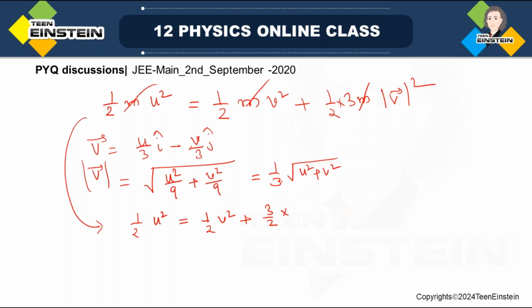If I square them out, I get 1 over 9 u square plus v square. So 1 over 6.